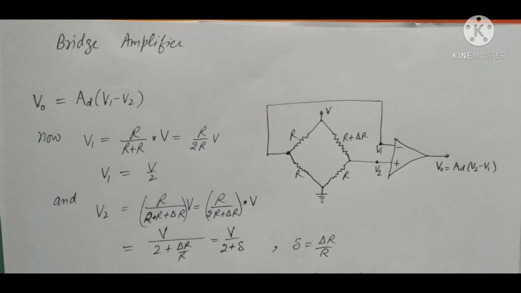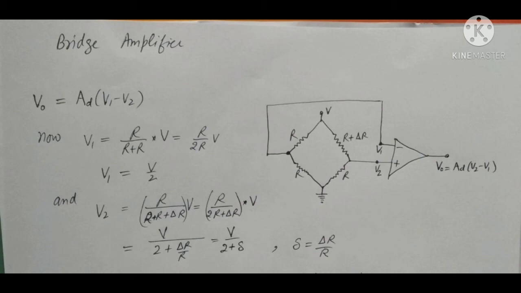From this circuit we can see, using voltage divider method, that V1 is equal to R by R plus R into V, that is R by 2R into V. So we can say V1 is equal to V by 2.